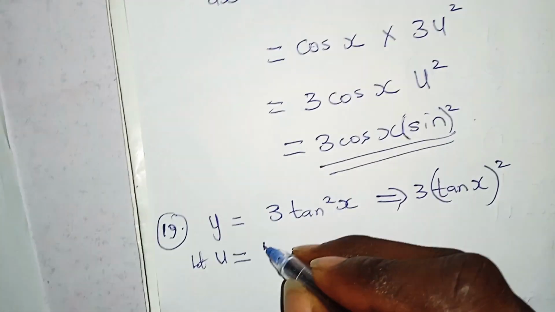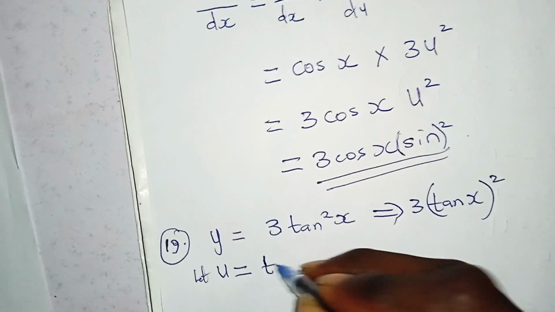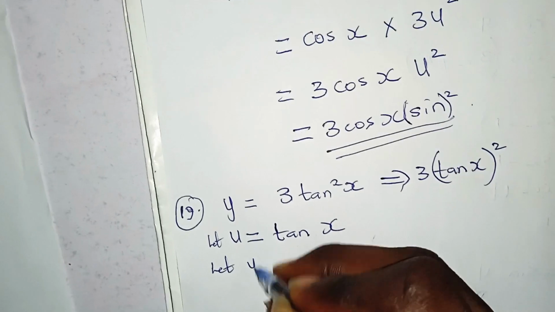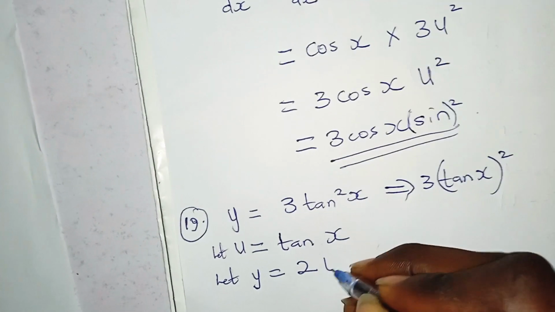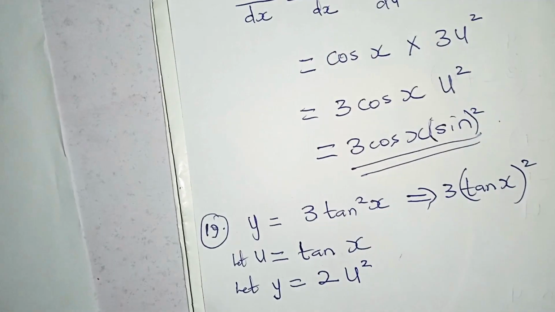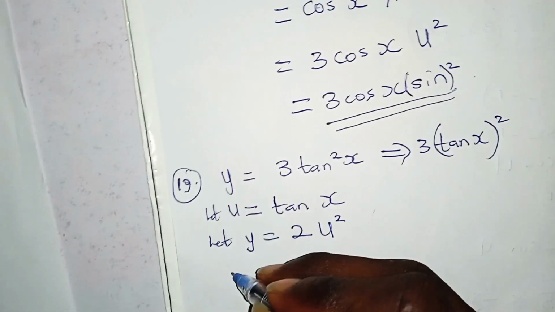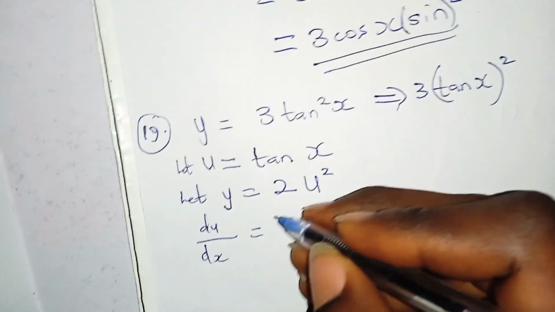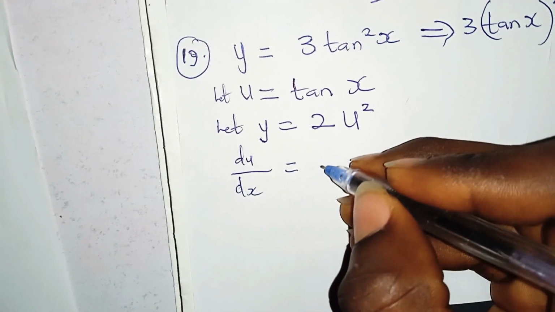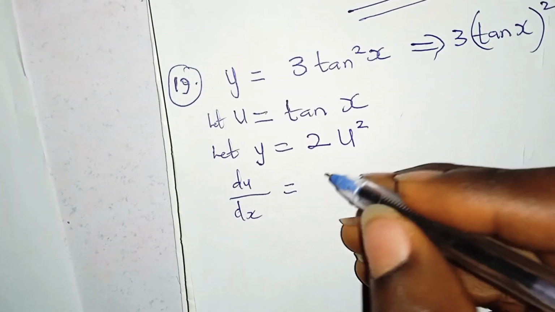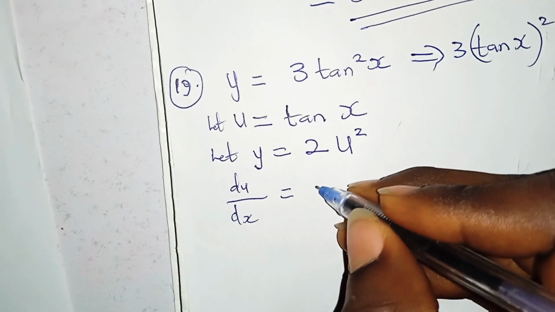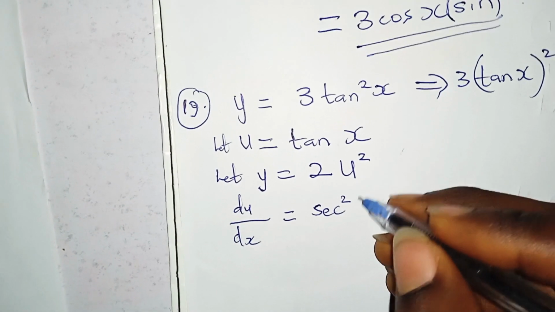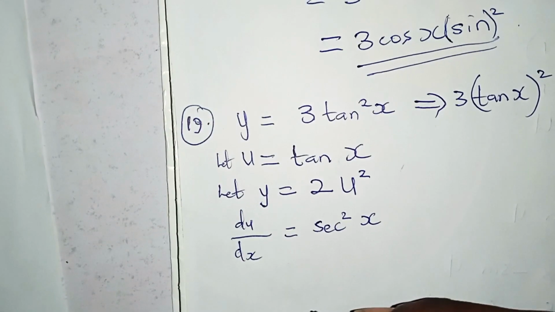So this is the same thing as saying let u be equal to tan x and let y be equal to 2u squared. So du/dx is equal to the derivative of tan x, which is sec squared x. So this is the derivative.